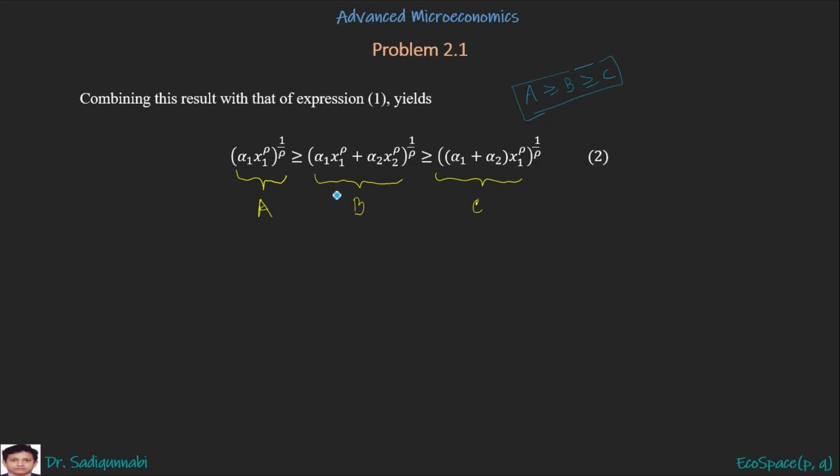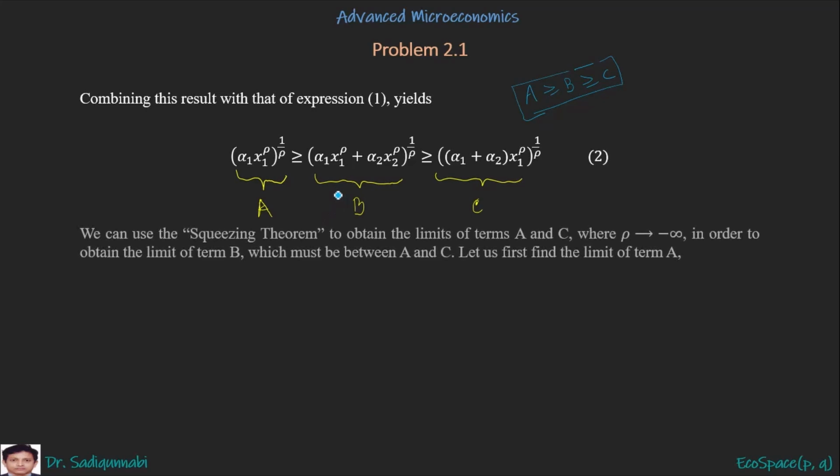So we can now apply the squeezing theorem to the limit function, because our target is to find the limit of this equation as rho tends to minus infinity. So why the squeezing theorem?